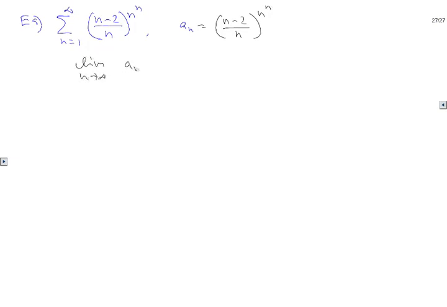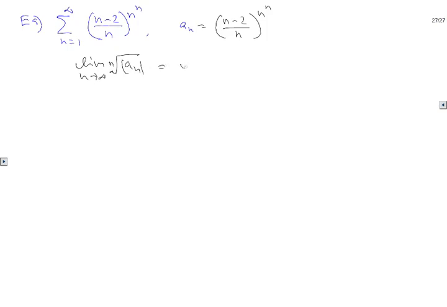How about this one, sigma n going from 1 to infinity of n minus 2 over n, to the nth power. It's quite interesting. So here a_n equals n minus 2 over n to the n. Alright, so we can take the limit as n goes to infinity of the nth root of a_n.